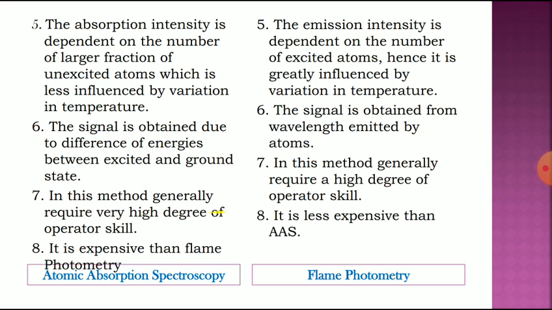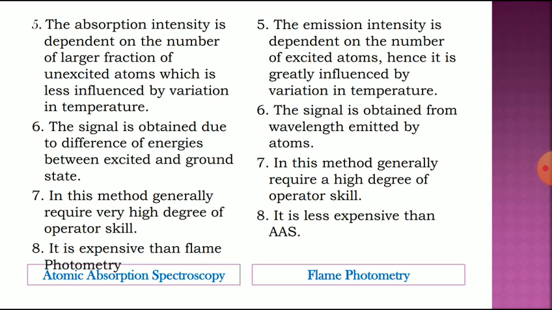This method generally requires a very high degree of operational skill, but flame photometry requires a lower degree of operational skill. AAS is more expensive than flame photometry. Flame photometry is less expensive than atomic absorption spectrophotometry.